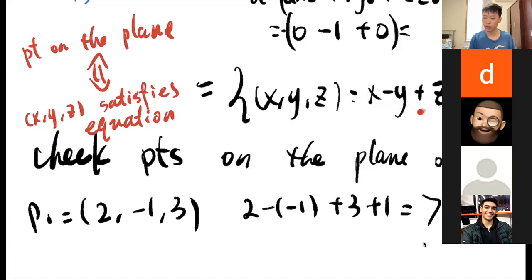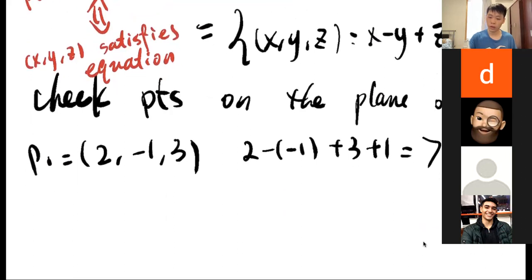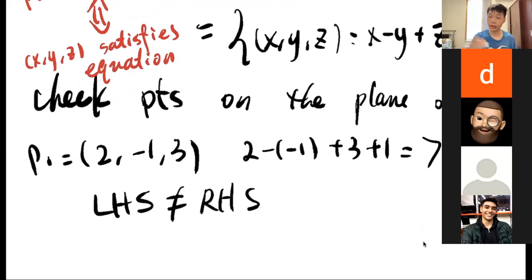The left-hand side gives you back 7, which is not equal to the right-hand side. So for point 1, the left-hand side is not equal to the right-hand side. That tells you that the equation is not satisfied.